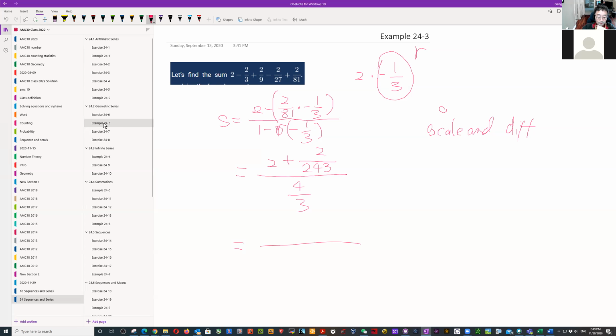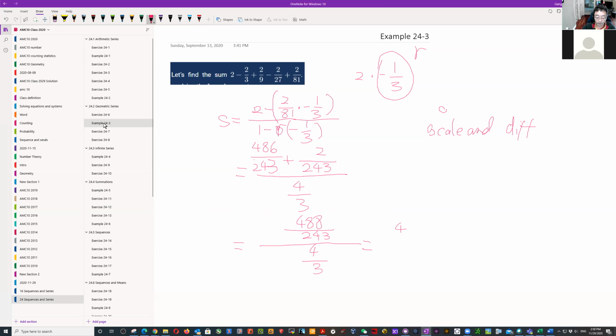And so this equals 243, and 2 will become 486. And 486 plus 2 is 488, still divided by 3.